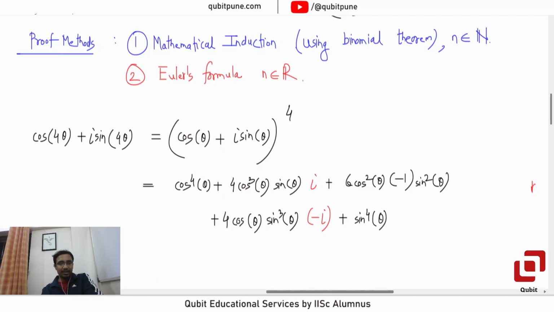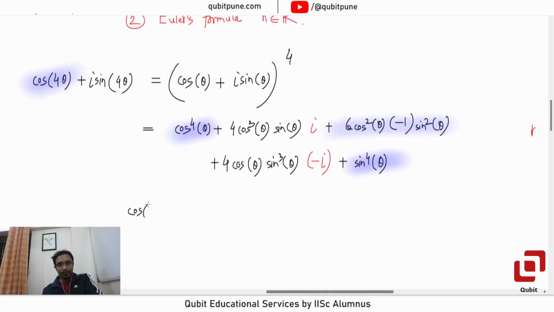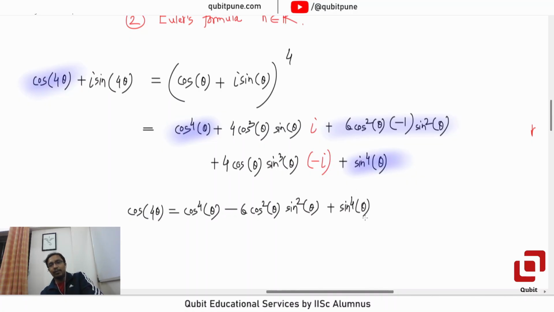Now just consider the real parts. You have a ready-made formula for cos 4 theta. It will be cos raised to 4 theta minus 6 cos squared theta into sin squared theta plus sin raised to 4 theta. If you want, you may write sin squared theta as 1 minus cos squared theta and get an expression only in terms of powers of cos theta.